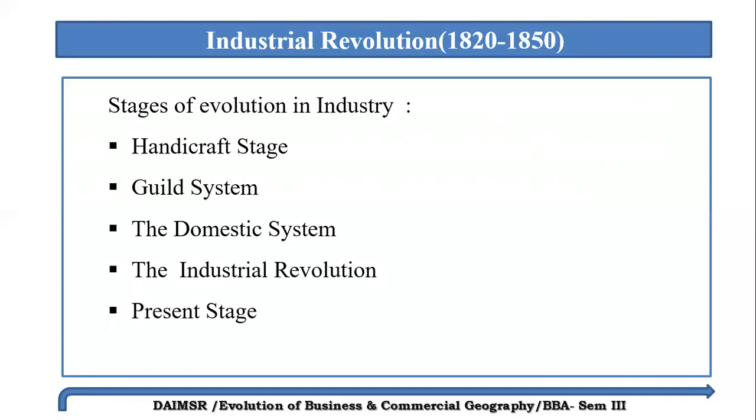It is used to describe a series of changes in British industry during the later part of the 18th century and the earlier part of the 19th century. A number of inventions took place in England which changed the entire technique of production. The word revolution means a fundamental change.